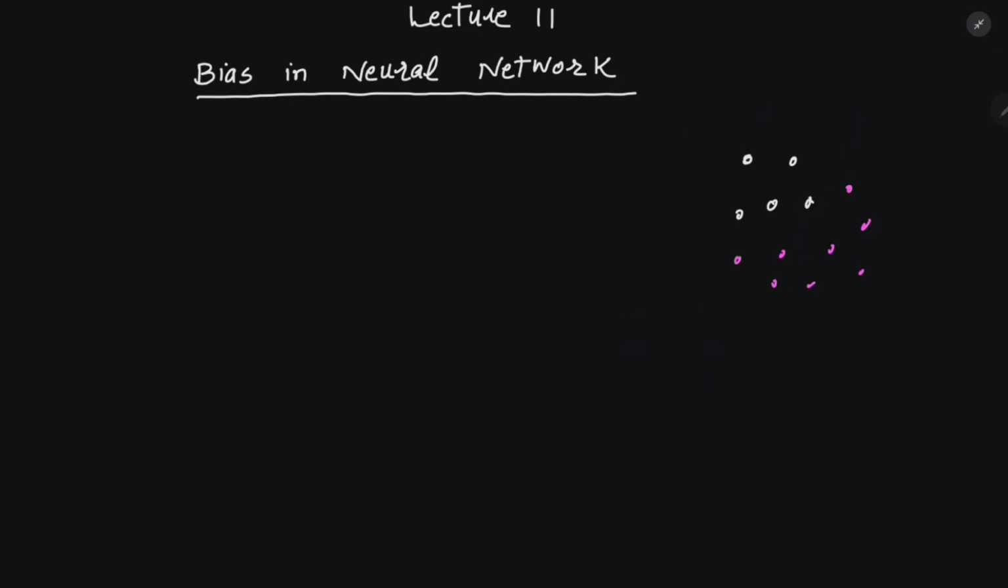Let me just start with a simple example over here. Suppose we have two inputs, input number 1 and input number 2. Suppose that from input x1, and remember there is only one output, this is the output.